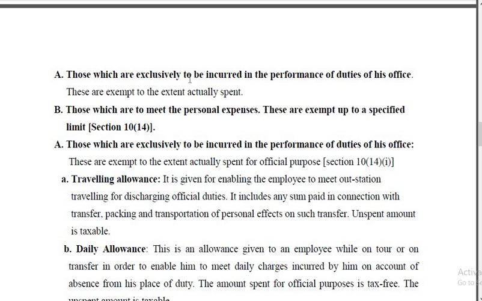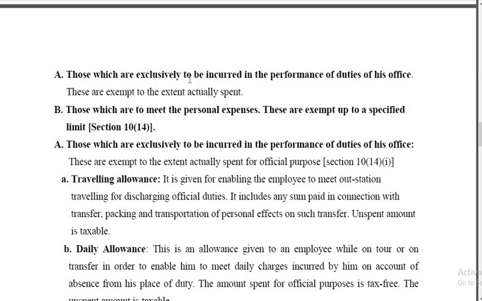Only when he performs his duties, whatever expenses are incurred to meet those expenses, the special allowance is allowed. If you spend the entire allowance, it is fully exempt. If you spend part of that, to that extent it is exempt, and the remaining amount is taxable.